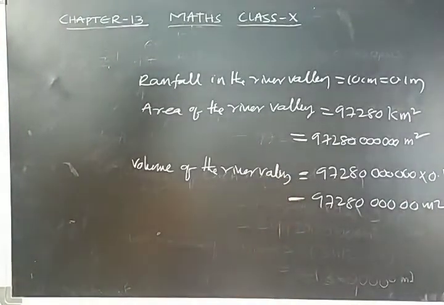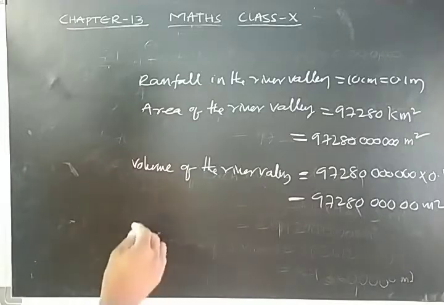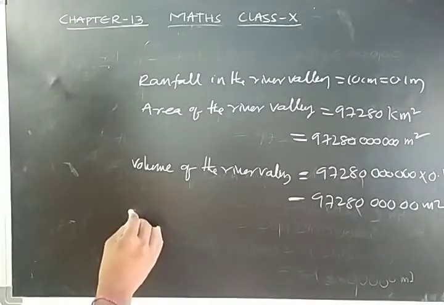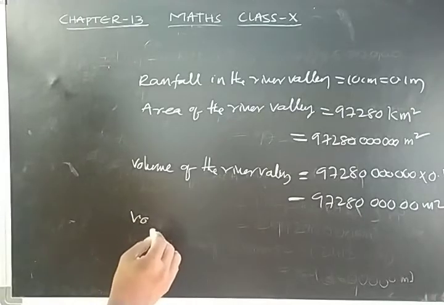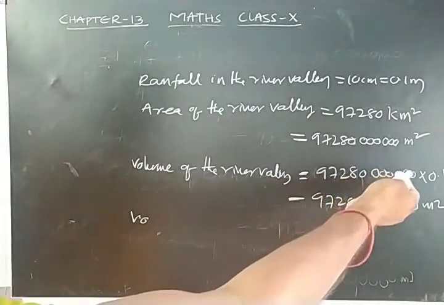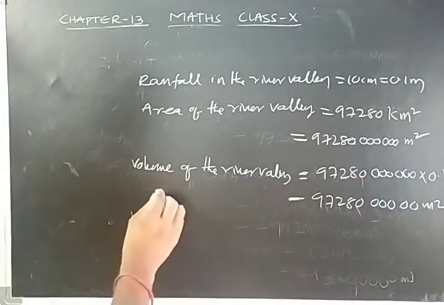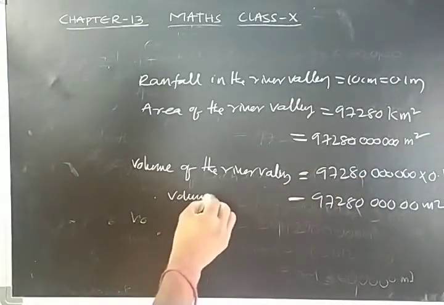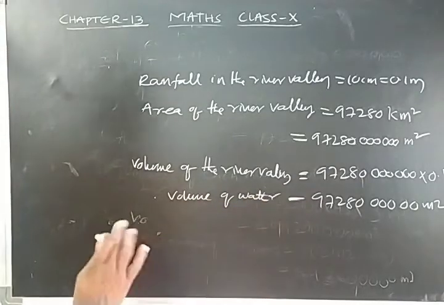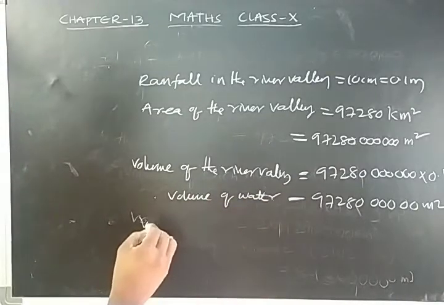Now we have to show this volume of the river valley is equal to the sum of the volumes of the three rivers. The volume of the river is nothing but the volume of water. Okay, volume of water in the valley. Now I am finding the volume of one river.